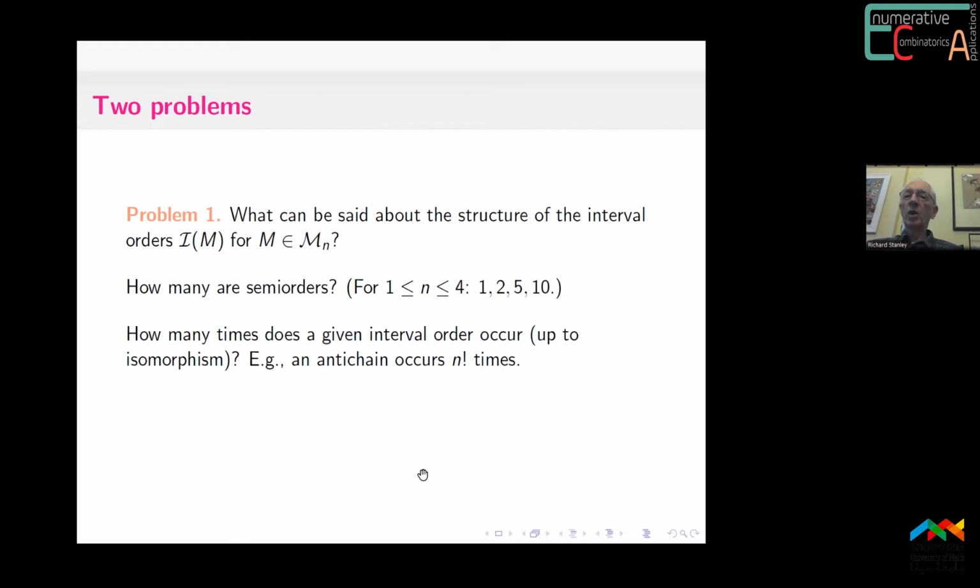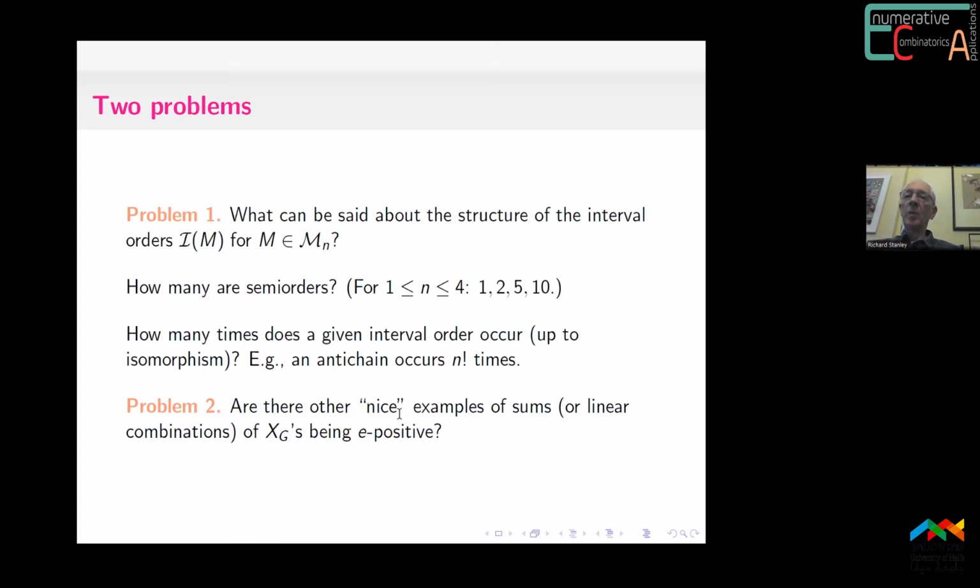And we can also ask how many times a given interval order occurs up to isomorphism among these matchings. The number of matchings is the semifactorial function 1 times 3 times 5 up to 2n minus 1. Among them, how many times do we get a unit interval order? For instance, it's easy to see an antichain occurs n factorial times.